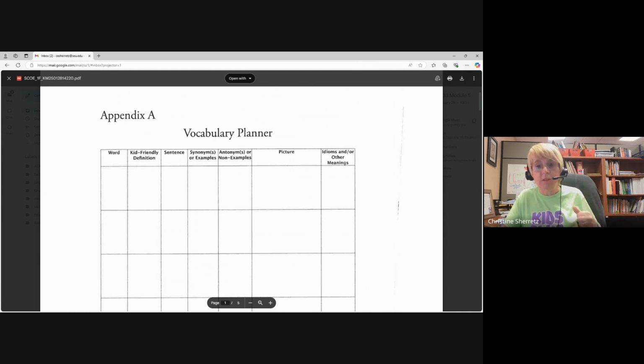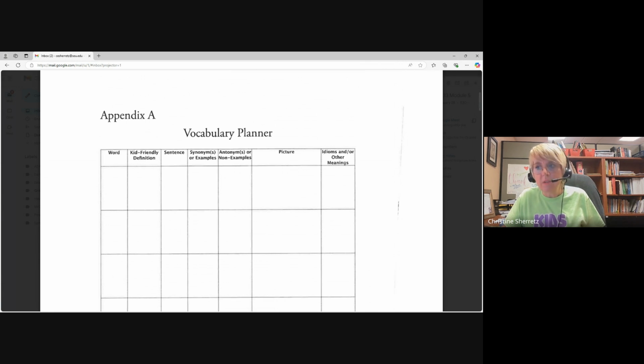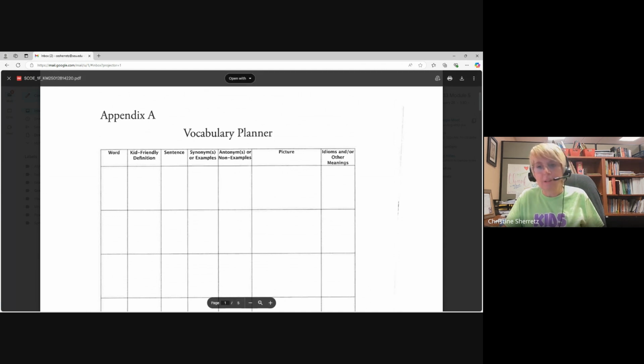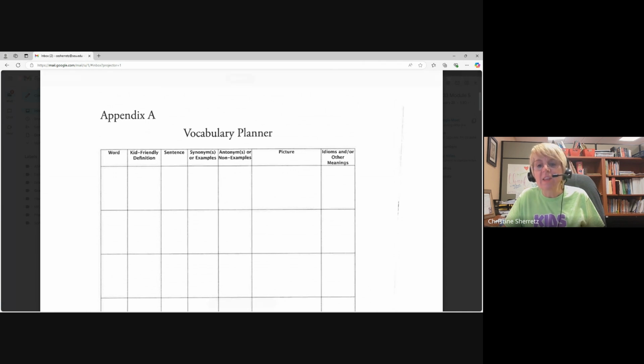You need to think, what is science and social studies and my ELA? And plan that by writing the word, writing a kid-friendly definition, have your sentence prepared, have your synonyms and antonyms, a picture, and then idioms. And this is something that kids can keep track of too. So we're not just writing a definition.